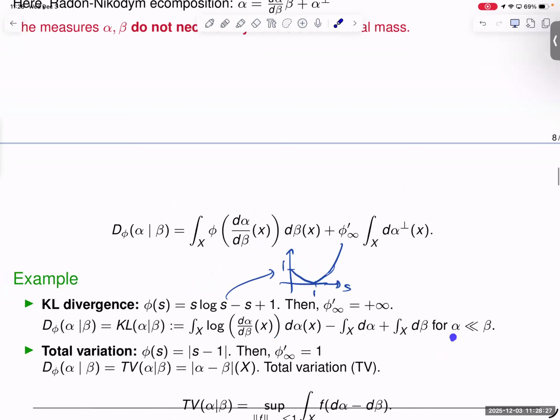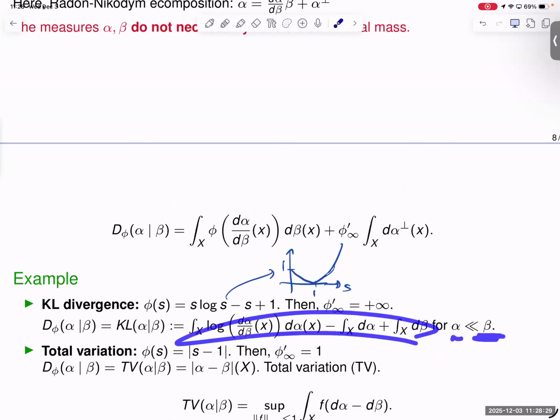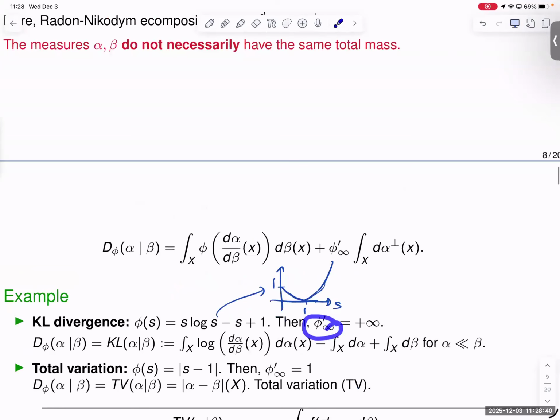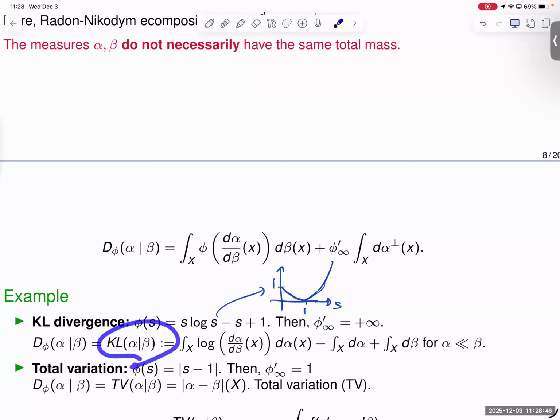So when alpha is absolutely continuous, you have this formula, but otherwise you have positive infinity, because in that case phi prime is infinity. So if alpha is not absolutely continuous, then that infinite part dominates. So this KL divergence will be infinity if alpha is not absolutely continuous with respect to beta.